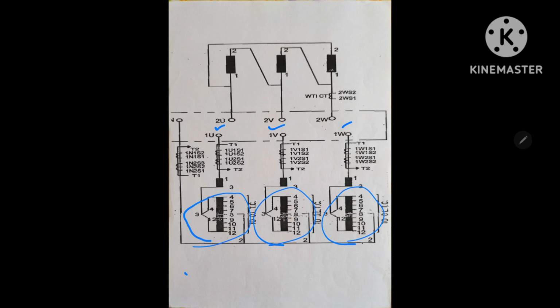The pre-selector switch 3 to 4 and 3 to 12: this is the subtractive connection. This is the additive connection. Hope you understand this internal connection diagram.